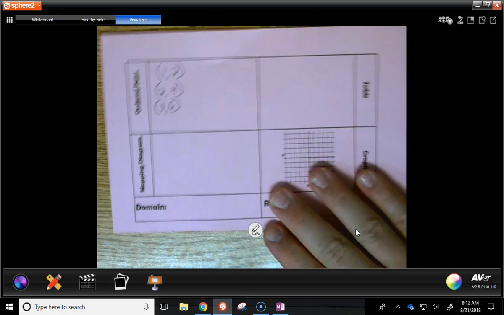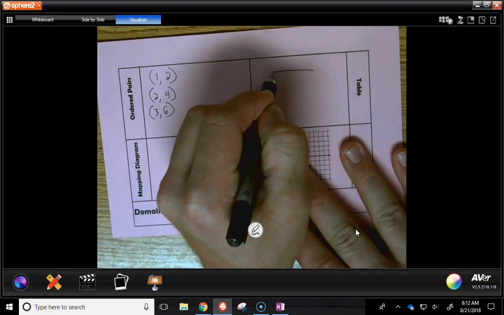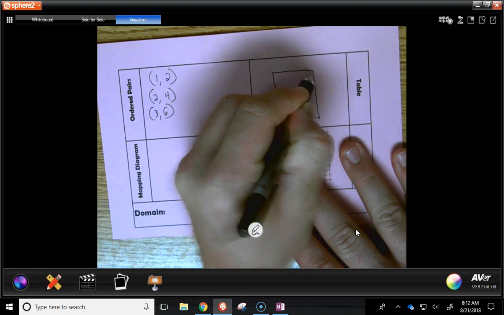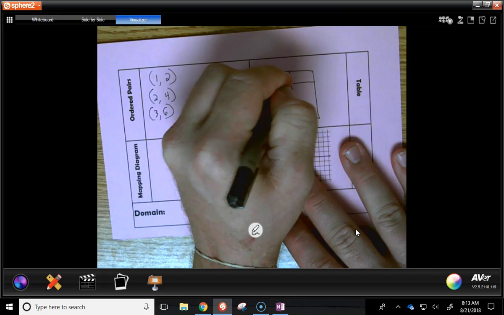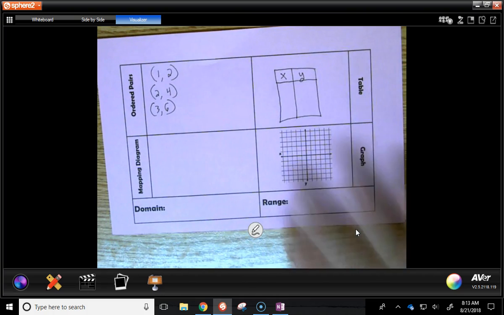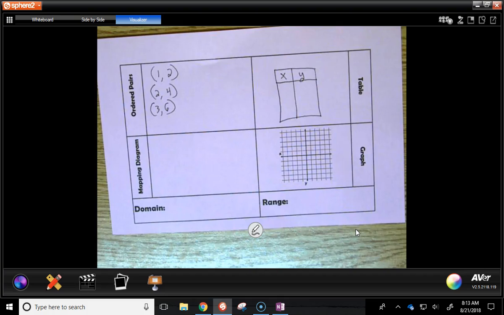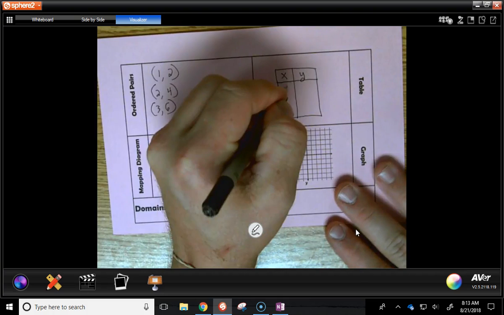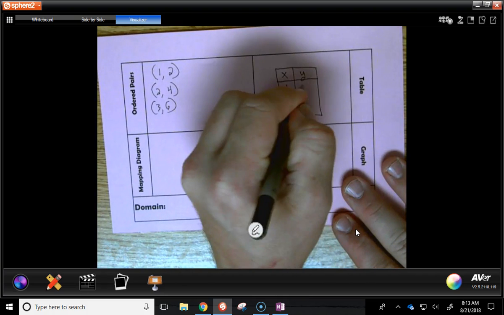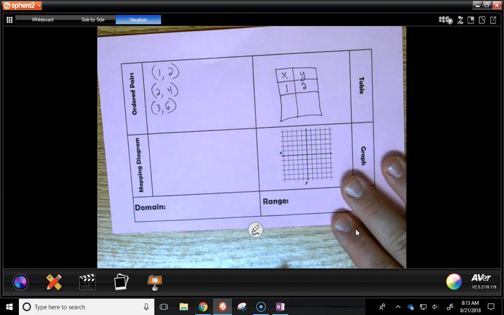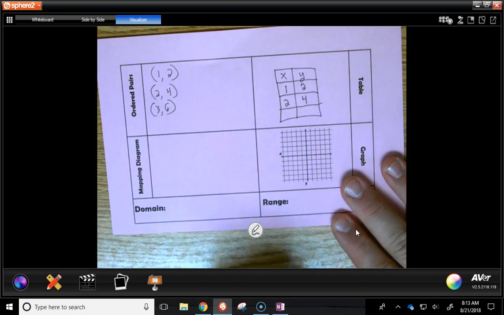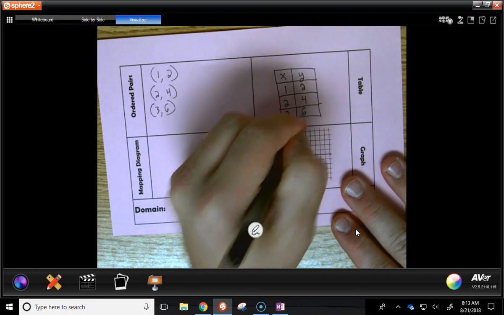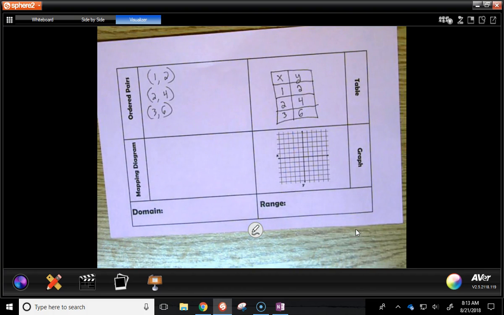If we made it as a table, it's kind of like the input-output, X and Y. If 1 went into X, 2 came out for Y. If 2 went in, 4 came out. 3 came in, 6 came out.